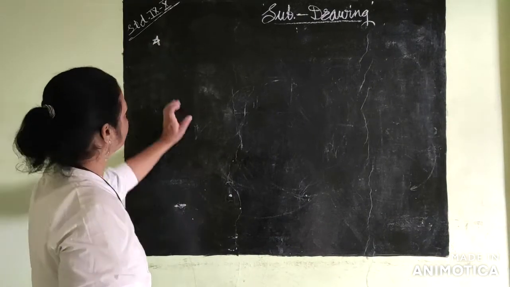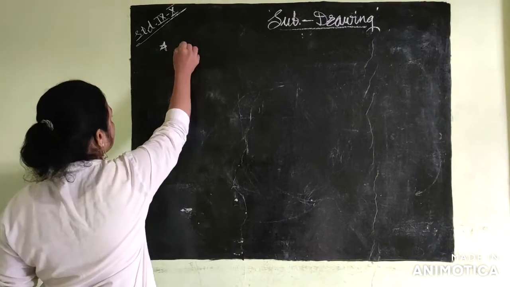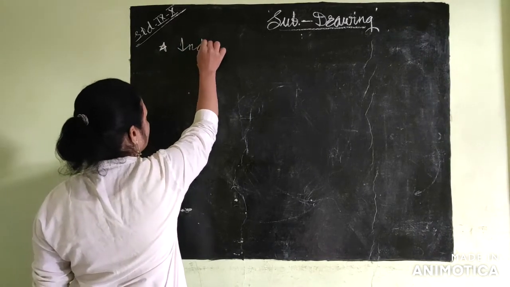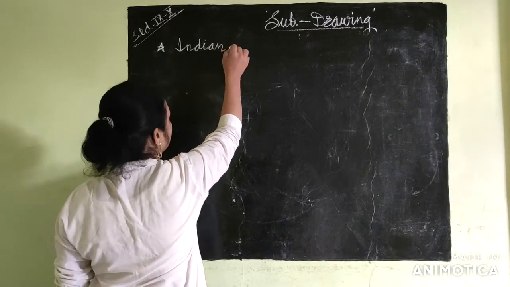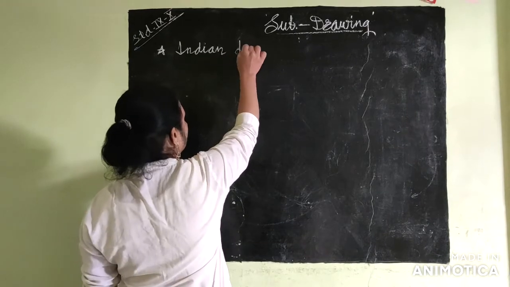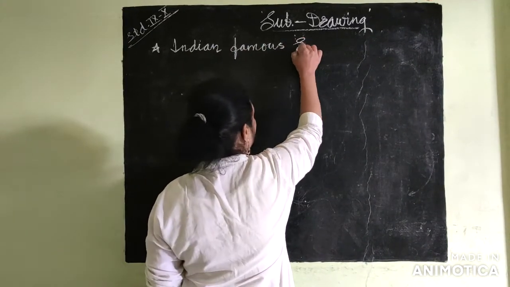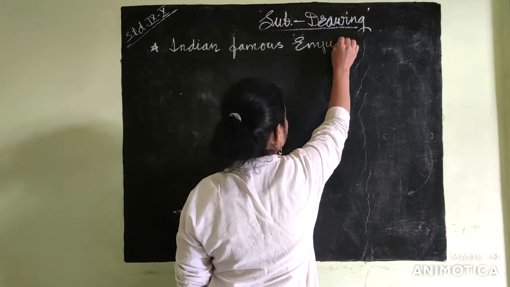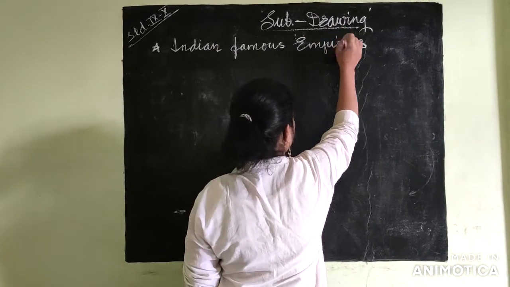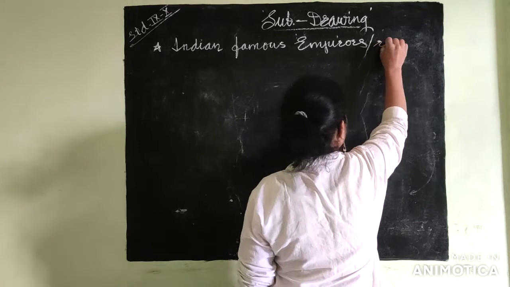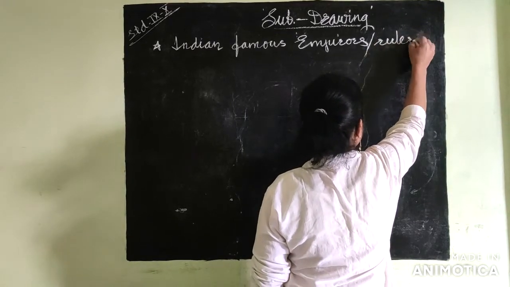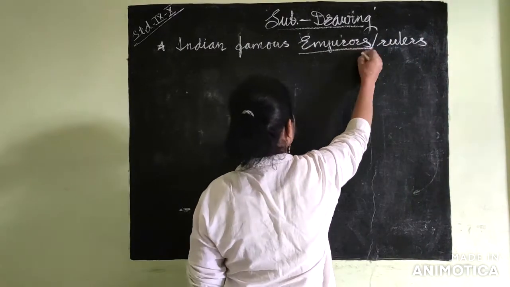Also a much more interesting part: Indian famous rulers, emperors, meaning kings.